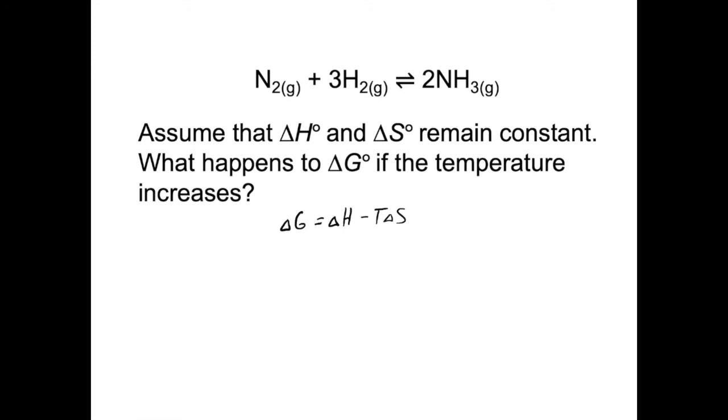So if you increase the temperature, you're going to be increasing delta G. Because you're increasing the temperature that's multiplied by a negative value, and then you're subtracting that entire term, you have effectively a negative times a negative, which is a positive. So if you increase your temperature, you increase your delta G.